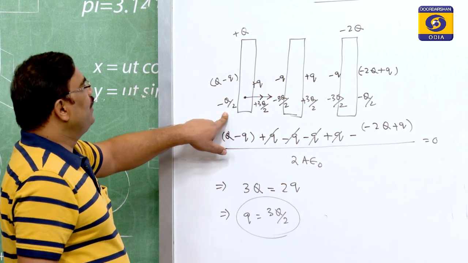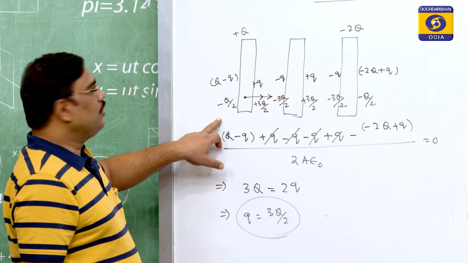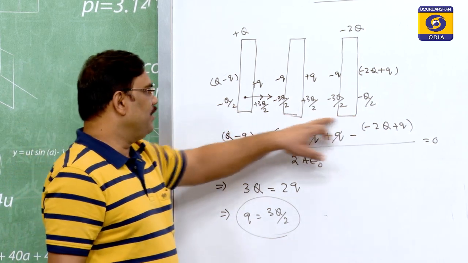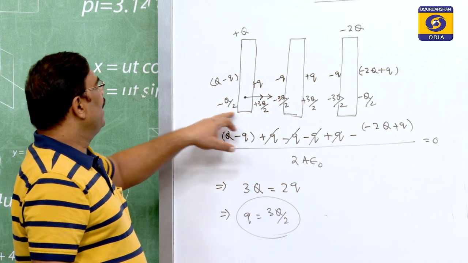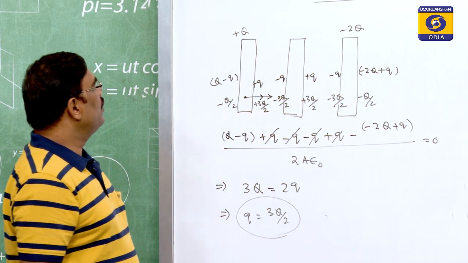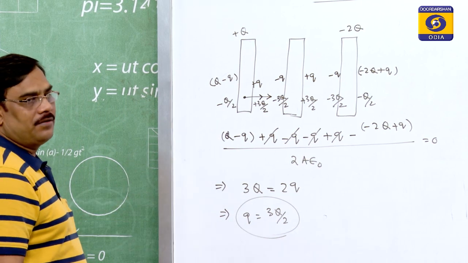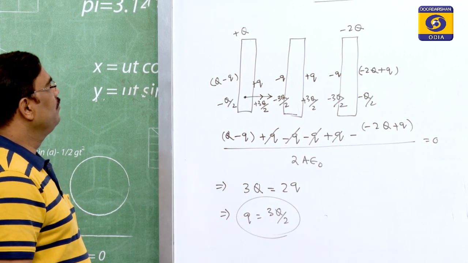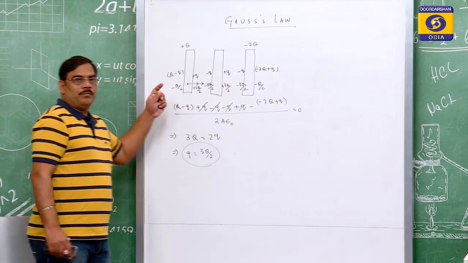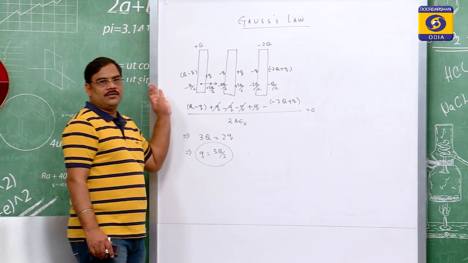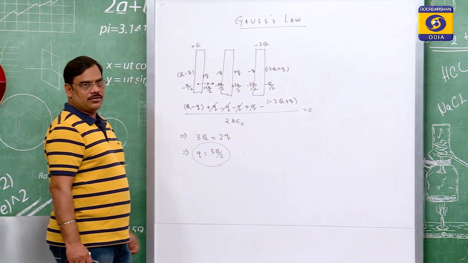So, minus Q by 2 and minus Q by 2 are the charges that will appear on the extreme faces of this combination of 3 plates, and we are getting the charges of plus 3Q by 2 and minus 3Q by 2 alternately on the other faces inside the 3 plates. Okay. Now, this is about your parallel plates where the charges are being divided in this fashion applying Gauss law.